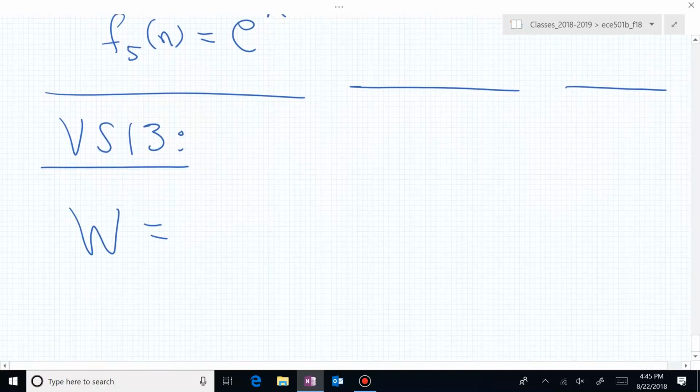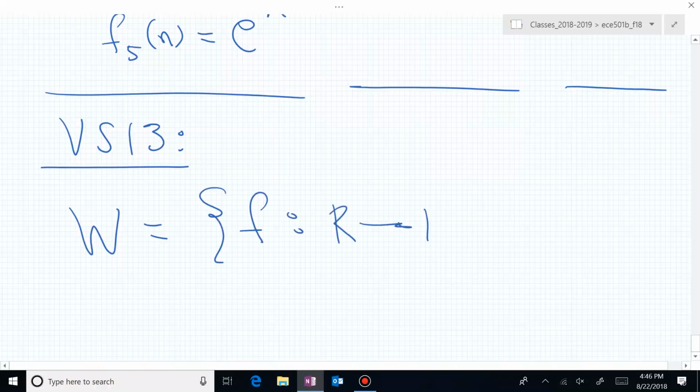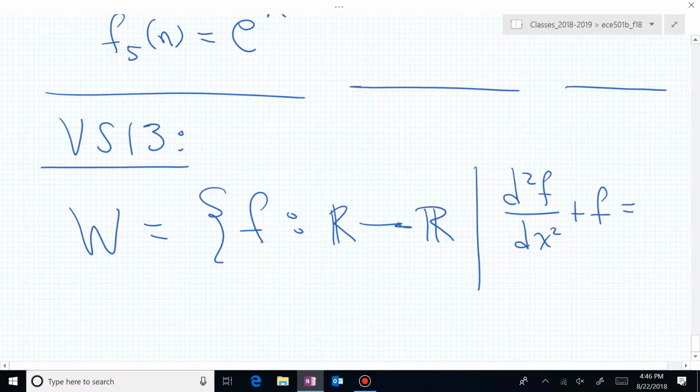Let's say it's W. Why I switched to W instead of V, I have no idea. But now let's say W is the set of functions f such that R is taken to R. We're comfortable with that, such that the second derivative of f with respect to x plus f yields 0.